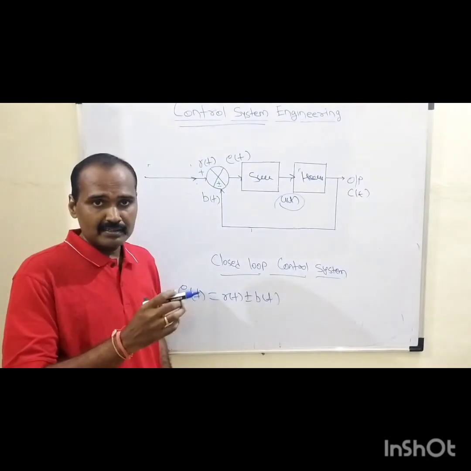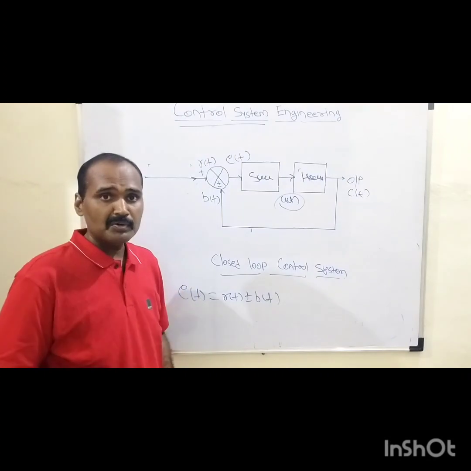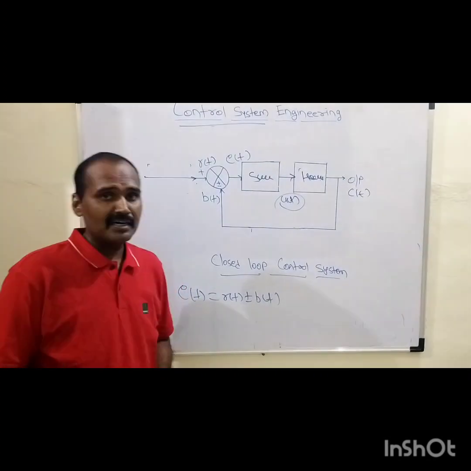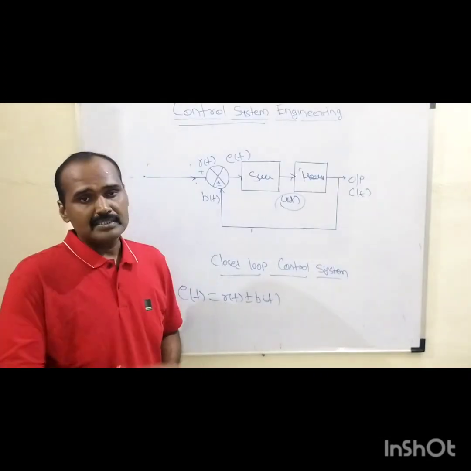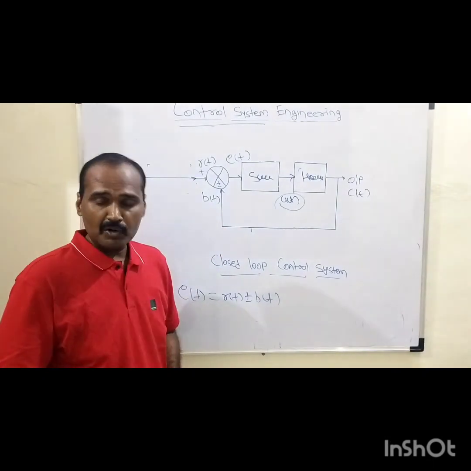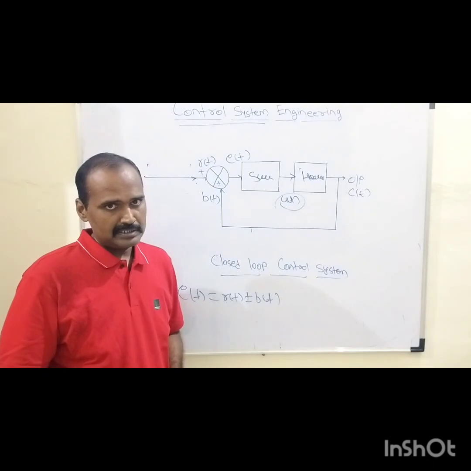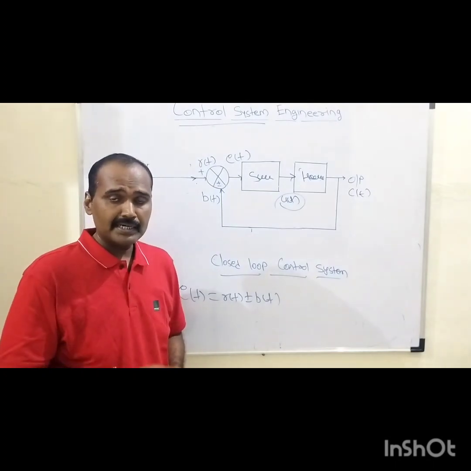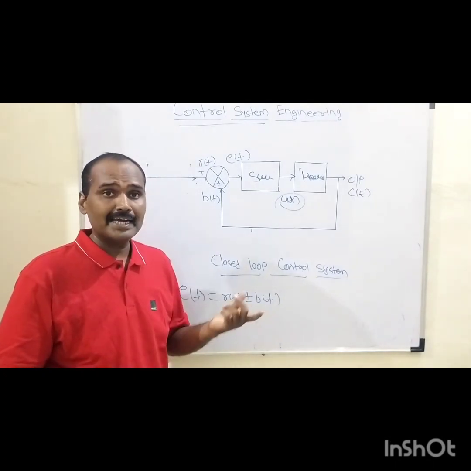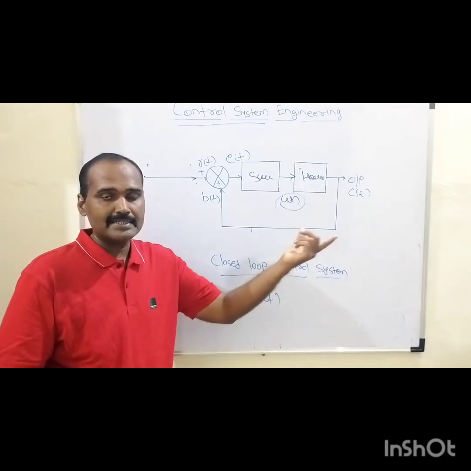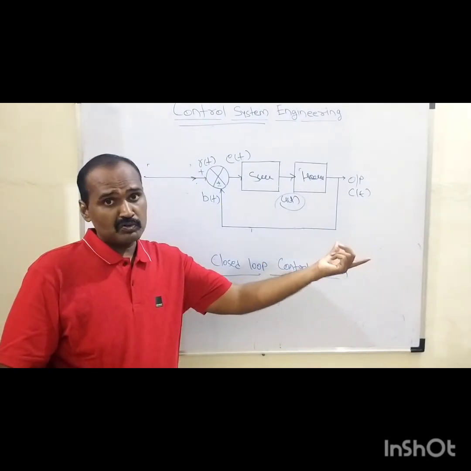So this is all about the introductory part of the control system, right? Control systems are broadly classified into open loop and closed loop control systems. We need to remember that in case of an open loop system, we don't have any kind of feedback signal. The control action has nothing to do with the response of that system.